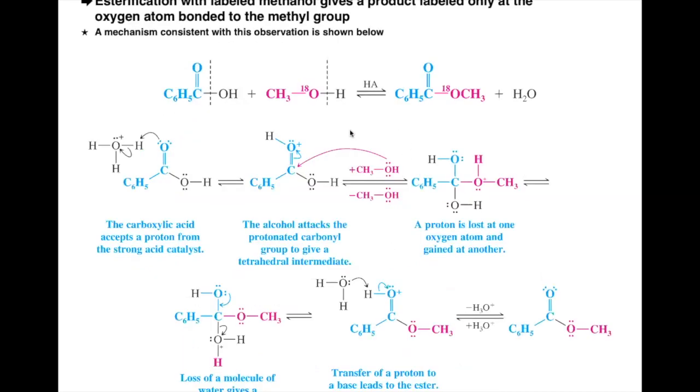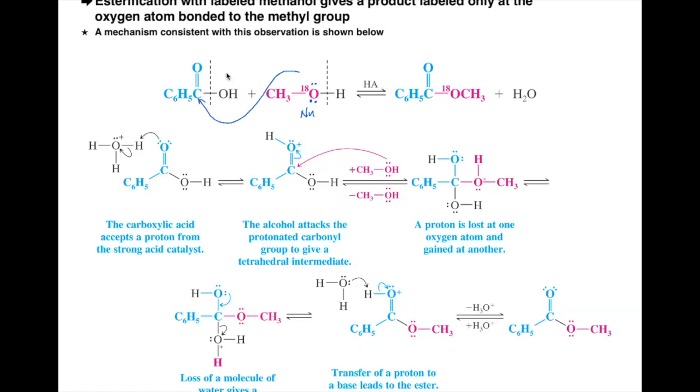Okay, so paano ang mechanism nito? As illustrated here, just like what I presented earlier, the alcohol will act as the nucleophile. So this will be the one attacking your carbonyl carbon.